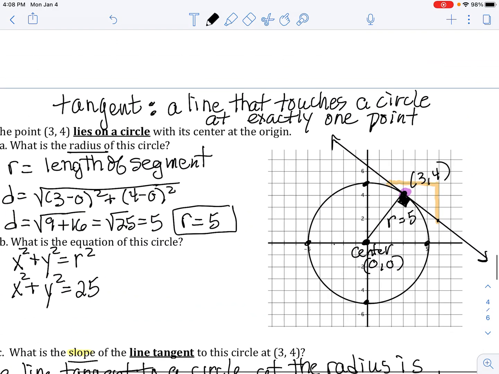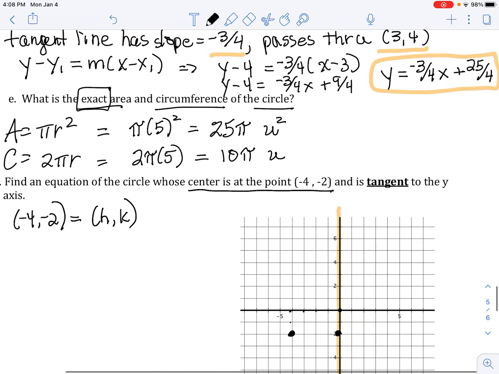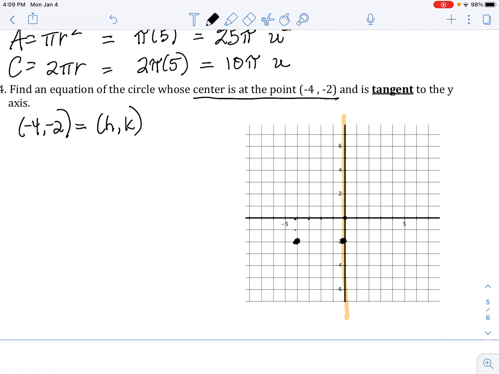What is tangent? A line that touches a circle at exactly one point. So this vertical line, this y-axis, can only touch that circle with that center at that one point, which would lead me to believe that the radius of that circle, 1, 2, 3, 4, is 4.